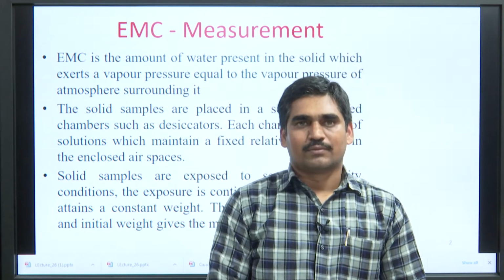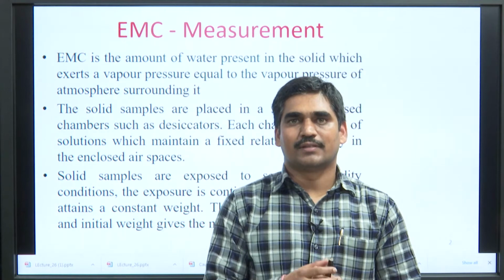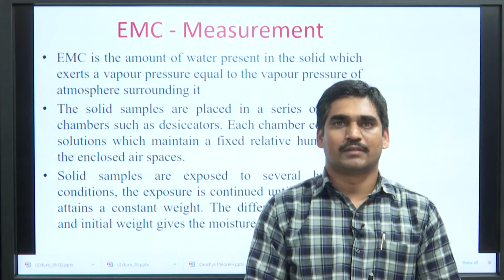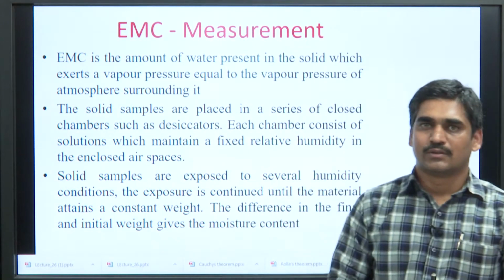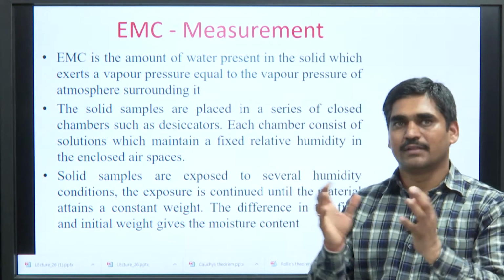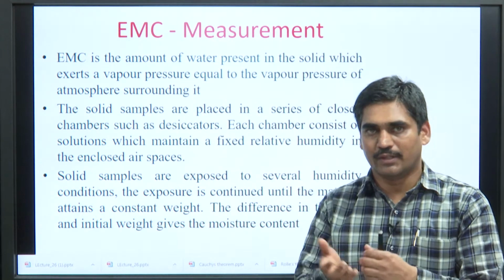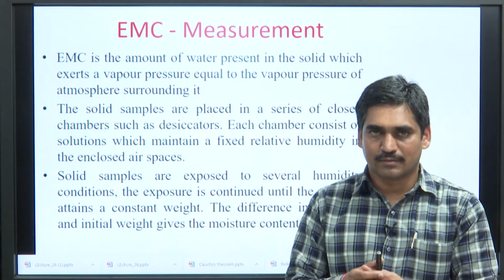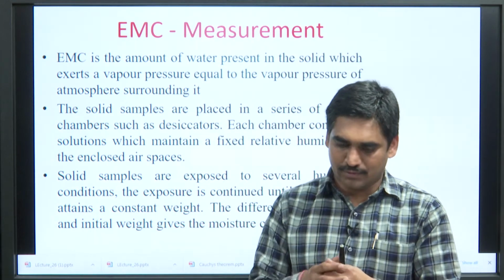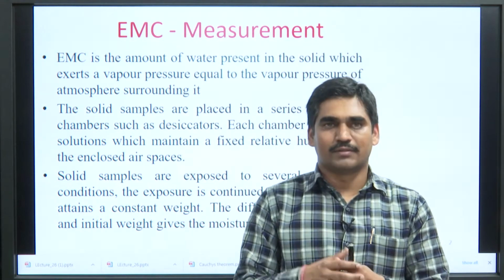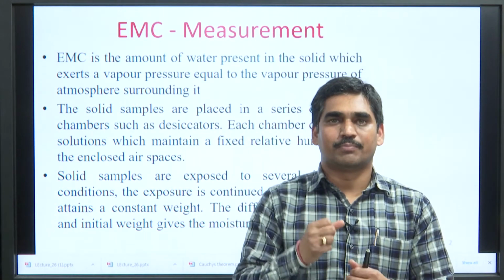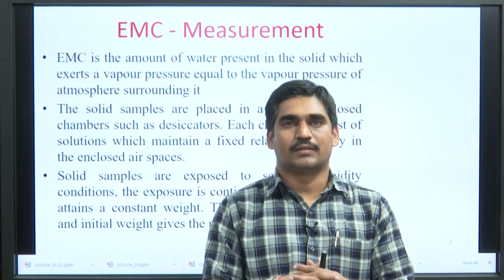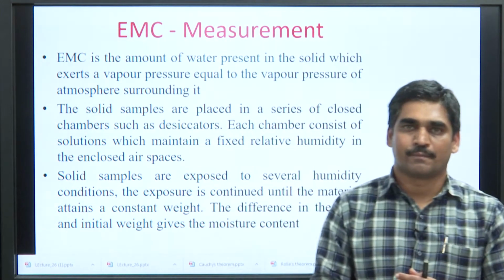In this case, the solid samples are placed in a series of closed chambers such as desiccators. In the desiccator we keep some samples in that chamber. It contains solutions which maintain a fixed relative humidity in the enclosed air spaces.